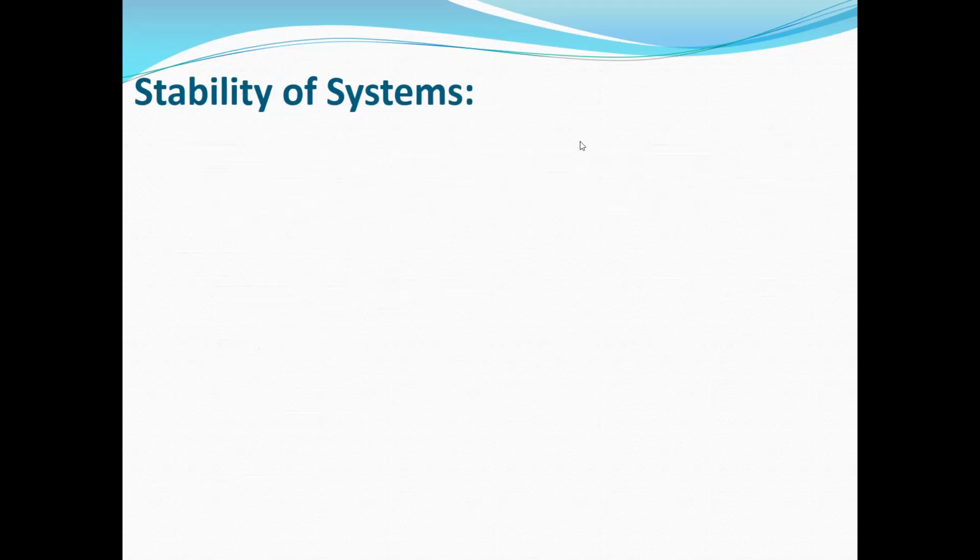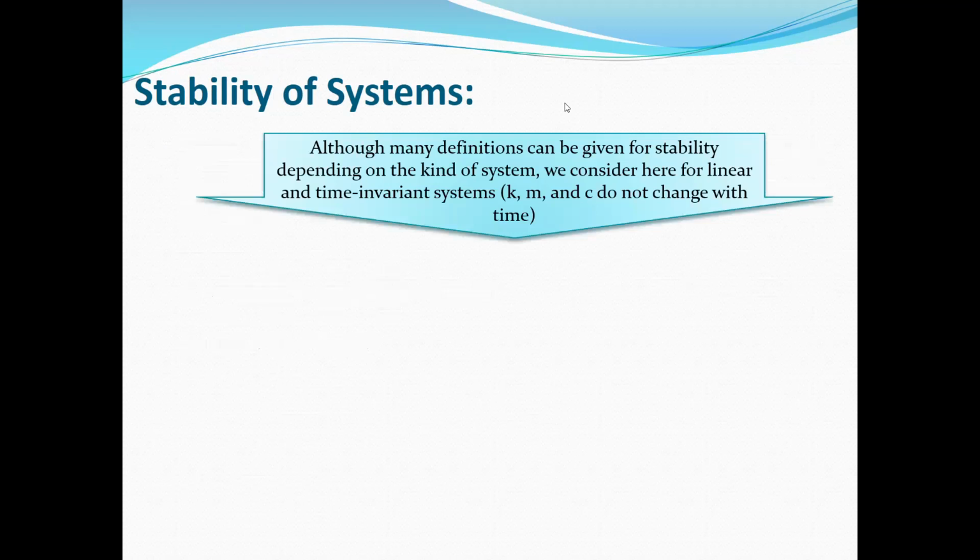The last concept for this week is the stability of systems. When you deal with a dynamic system and you want to study the stability of a structure, there are a lot of different definitions for different structures. For example, in control, we have different definitions.